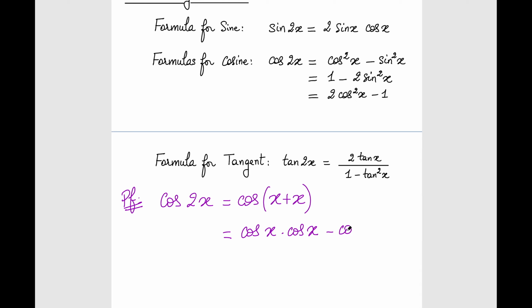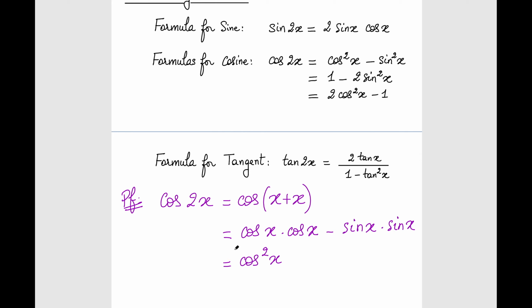Minus sine of the first times sine of the second. Both of the angles are both x. Okay, so we get this. All right, and this is cosine squared x.